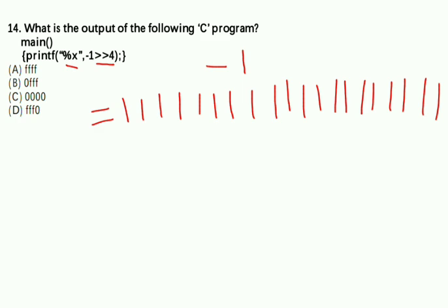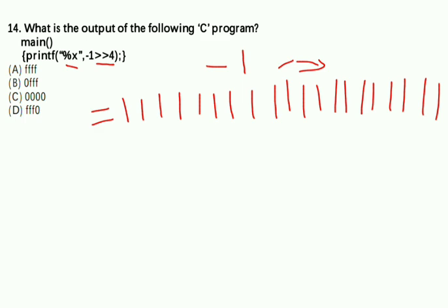Right shifting by 4 bits means moving all bits 4 positions to the right. Since -1 means all ones, right shifting it will still result in all ones. So if you right shift the given ones by 4 bits, it will result in all ones only.